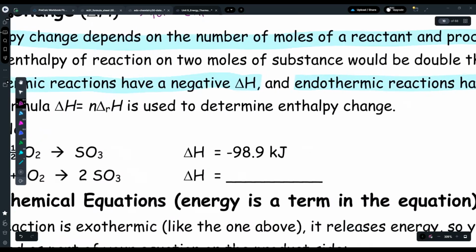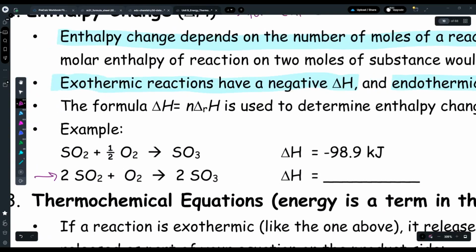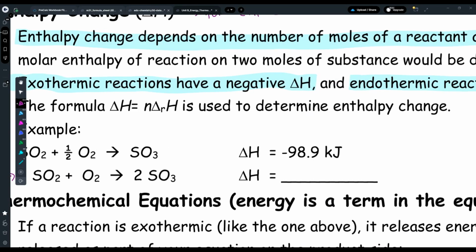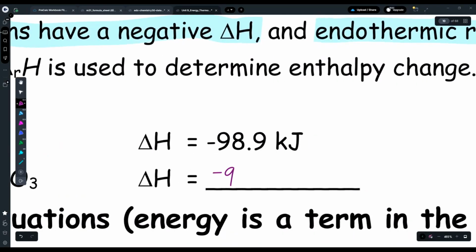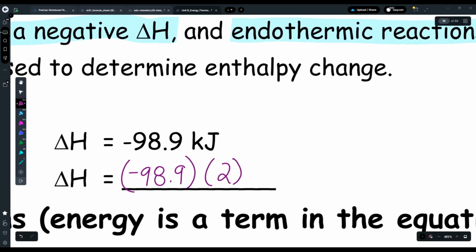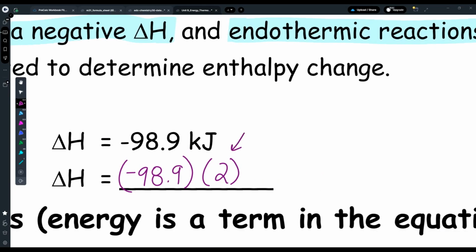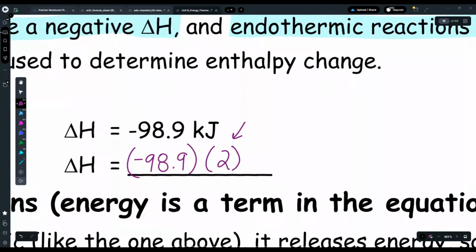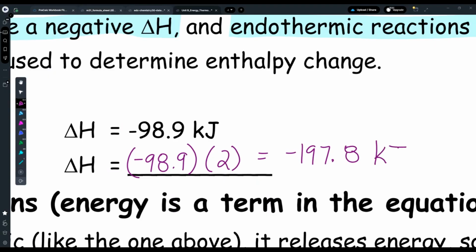So it would make sense that since we have double the amount of substances, both reactants and products, we're going to have double the change in enthalpy. So I'd go negative 98.9 multiplied by 2. This 2 is coming from the fact that we took this equation and multiplied everything by 2. So that's going to give us negative 197.8 kilojoules.